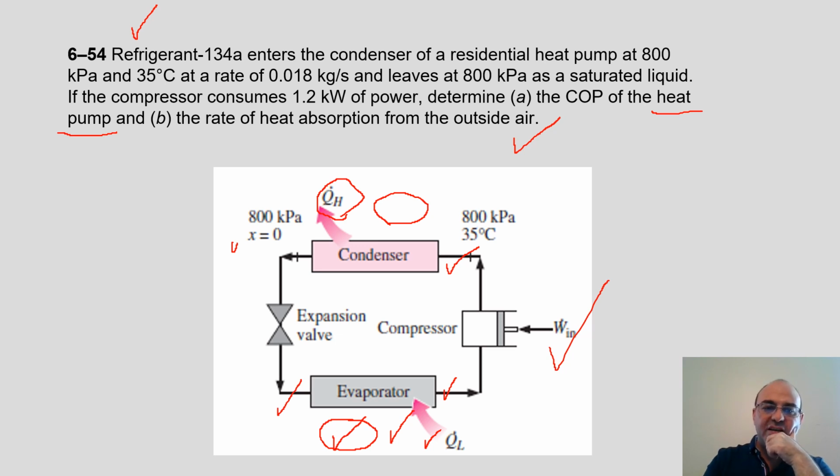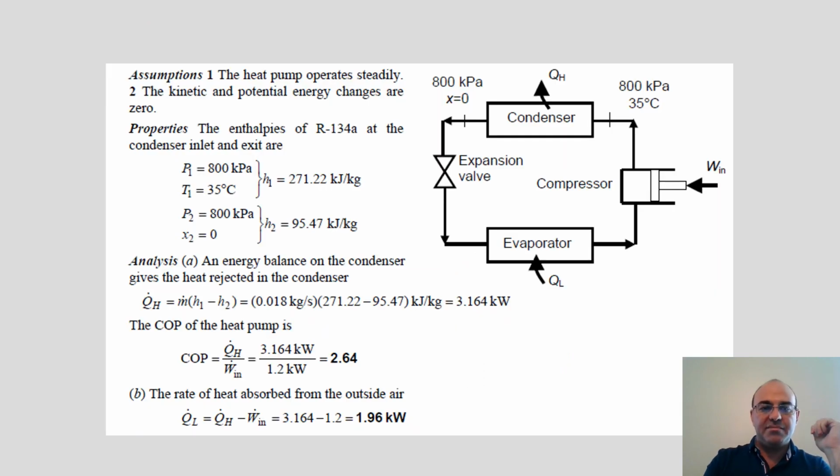We also need to find the rate of heat absorption from the outside air. You can go ahead and pause the video now, read the question again, and then come back and see the solution. All right. We know the condition at the condenser inlet and condenser outlet. This will help us to find QH, or Q dot H.